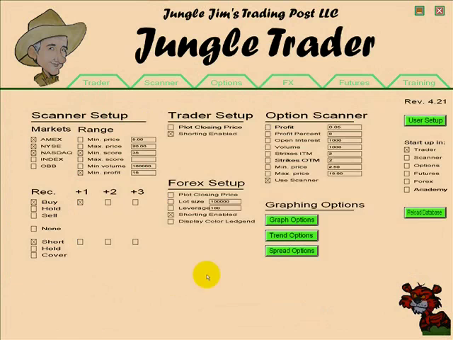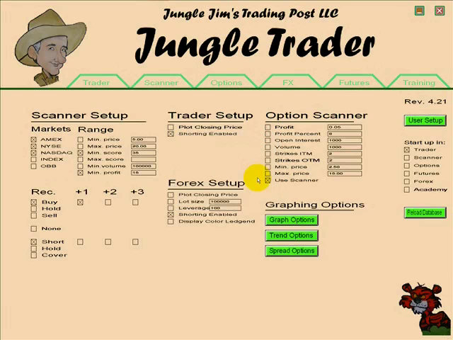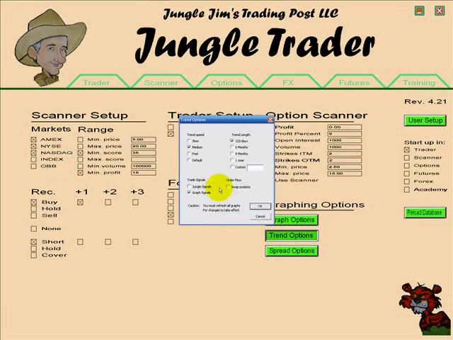In the setup section, you could change how long of a period the daily spread is computed over. I have it set for a 5-day period. And you can change the multiple: 1 time, 2 times, or you can go to something custom like 1.5 times. Under trend options, you can speed the trends up, slow them down, increase the trend length.